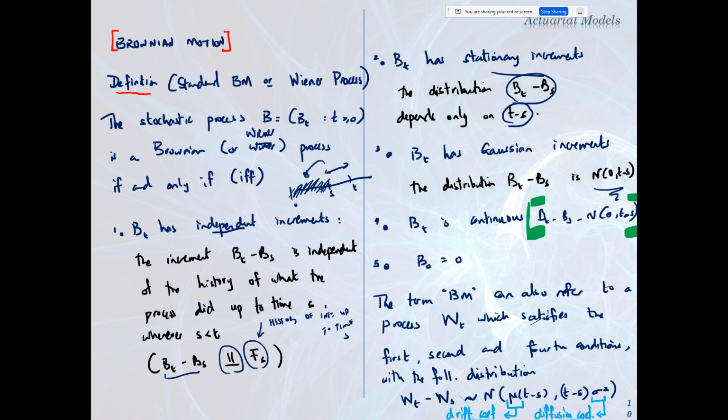This is very important. Fifth, B_0 is equal to 0. So the process starts at 0, at time 0.